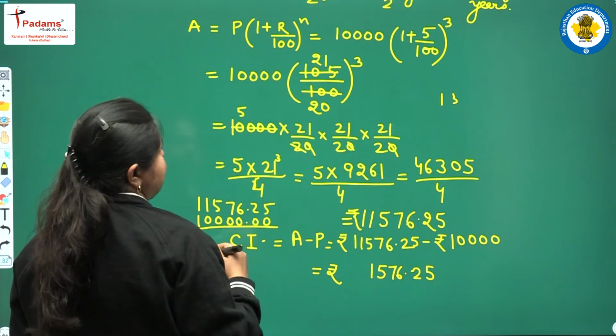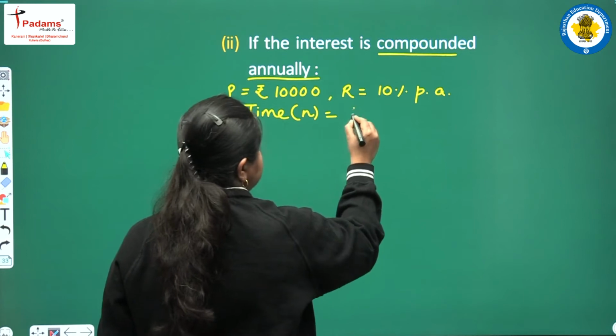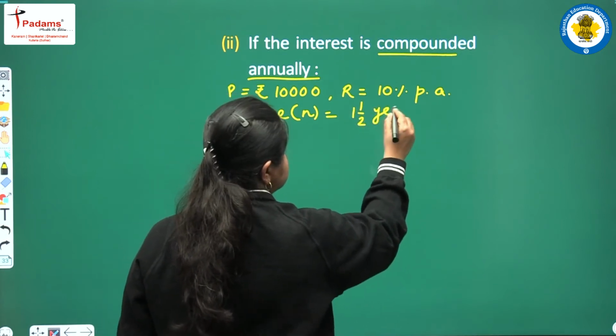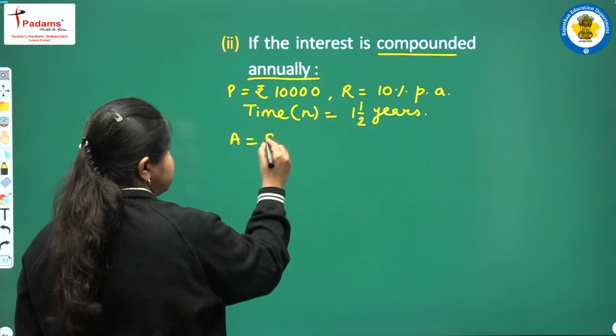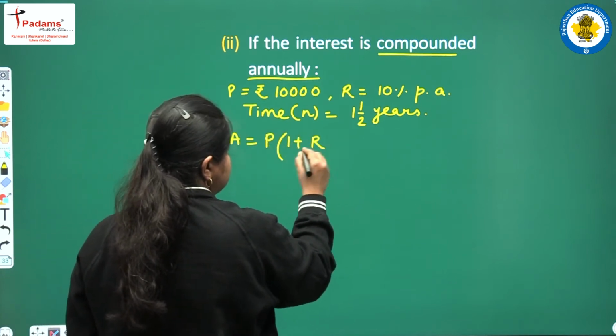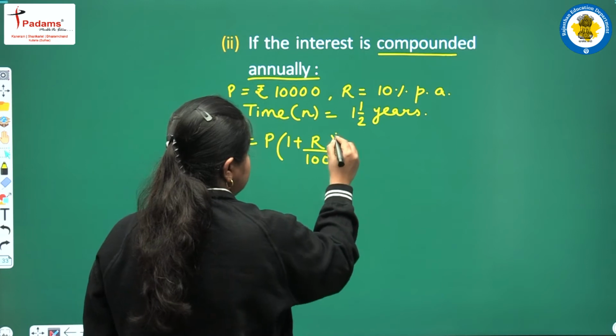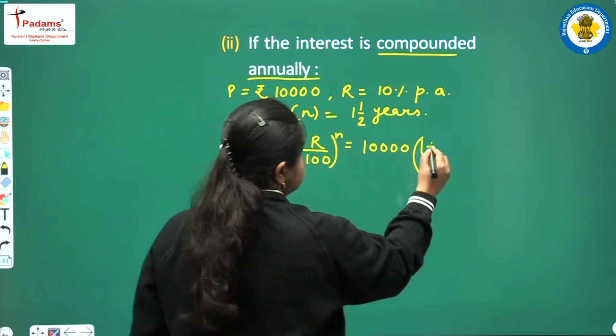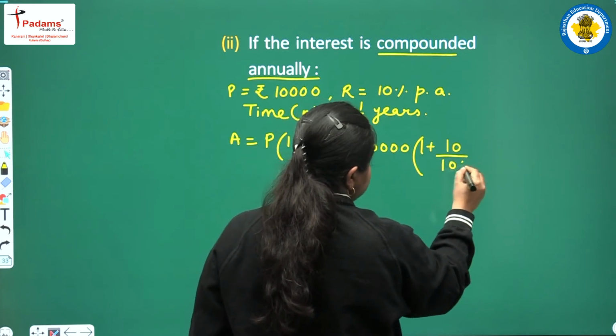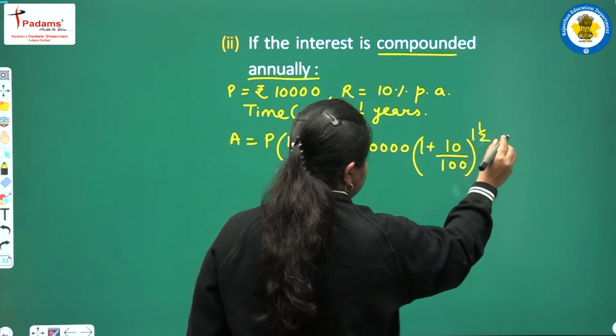Okay. We write here 1.5 years. So the amount, it is given as P into 1 plus R upon 100 raised to power n. 10,000 into 1 plus 10 upon 100 raised to power 1.5.